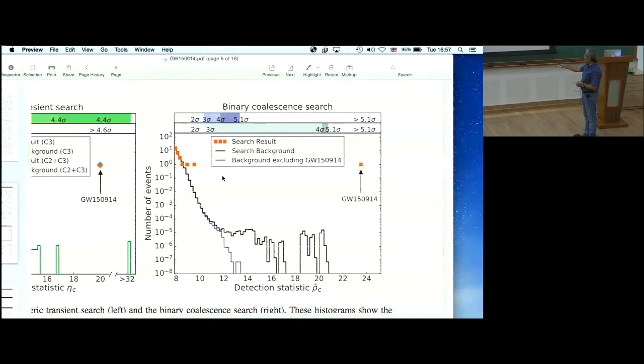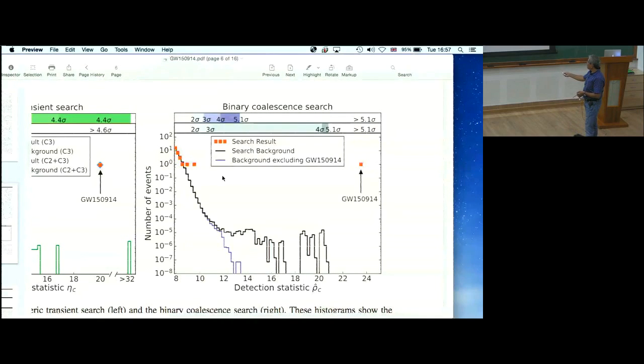The black one includes the event itself while computing the background. Because of the presence of that one signal, it corrupts the background and gives you large values of events. It's only 1 in 10 to the 5 events, but it still gives those events because that loud signal was present in the data and was correlating with random occurrences of events somewhere else in the data.